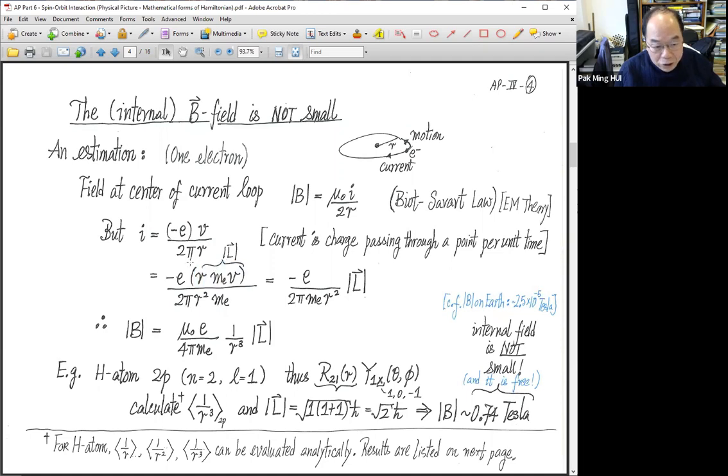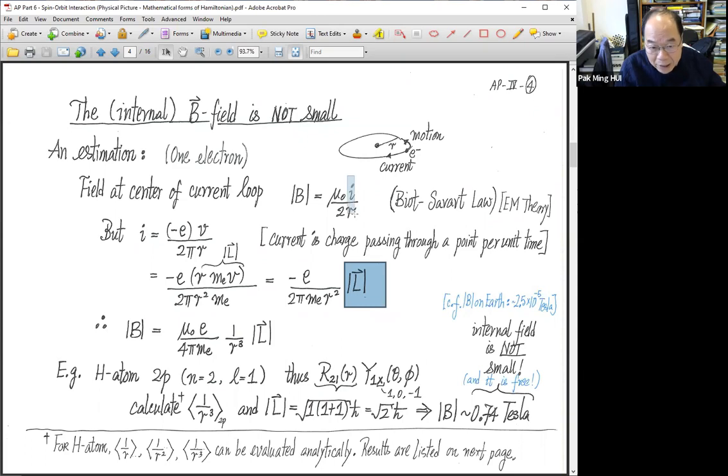And this combination is the magnitude of the orbital angular momentum, r cross p, but now just in magnitude. Therefore, the current is related to how big the orbital angular momentum is.